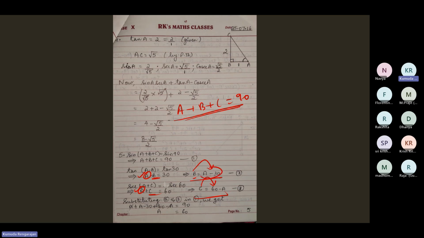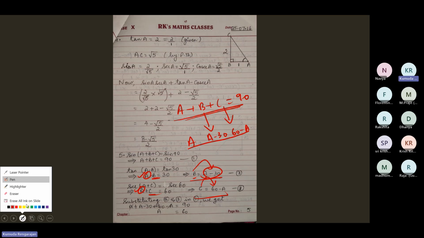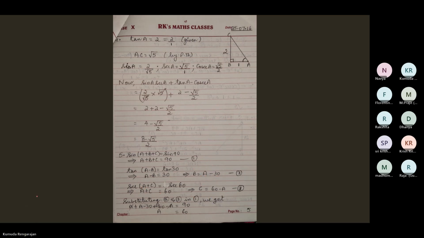B is A minus 30, and C is 60 minus A, and this is A. So the equation has only one unknown A. Work that and find the value of A.